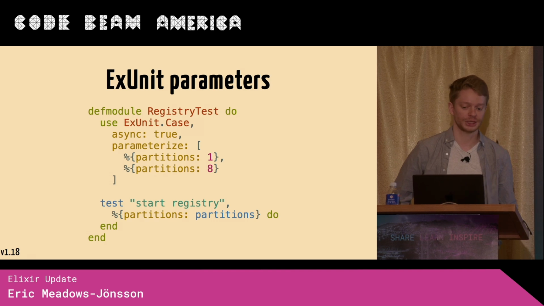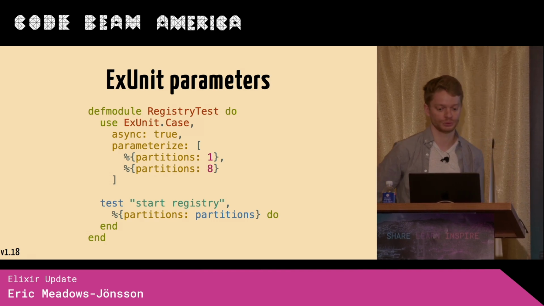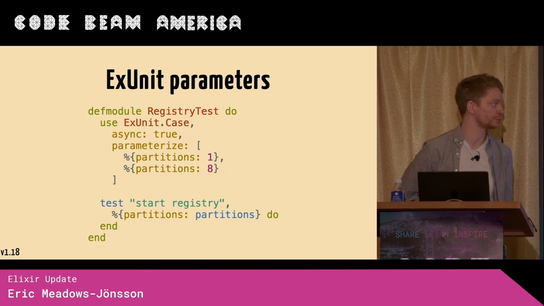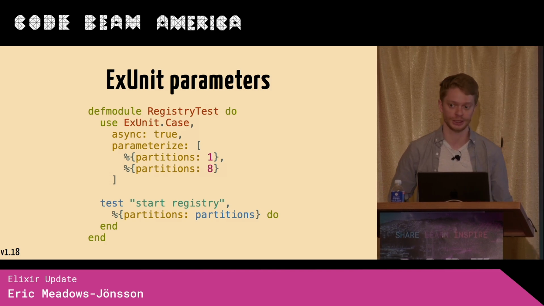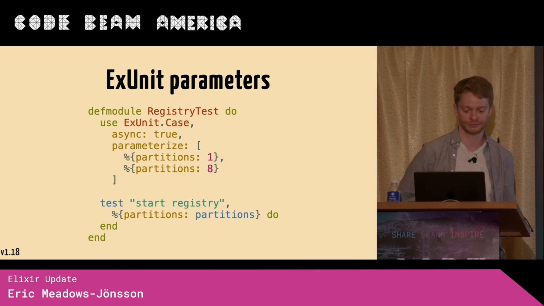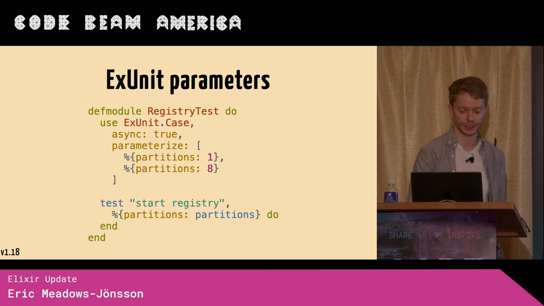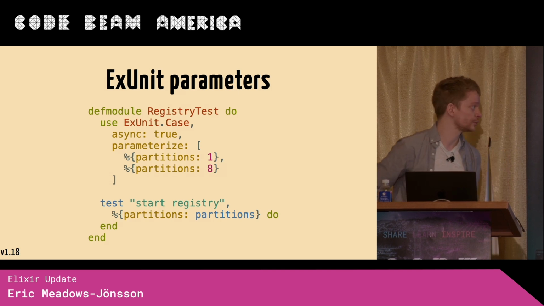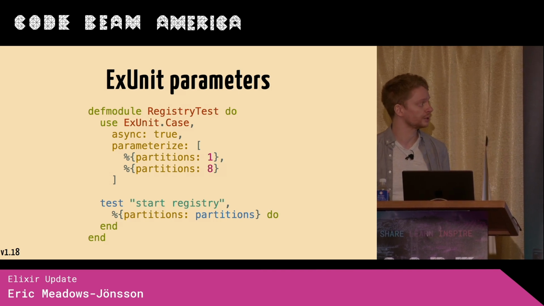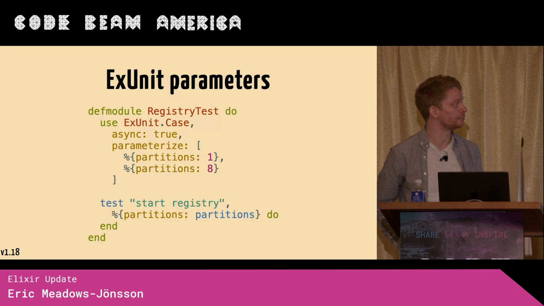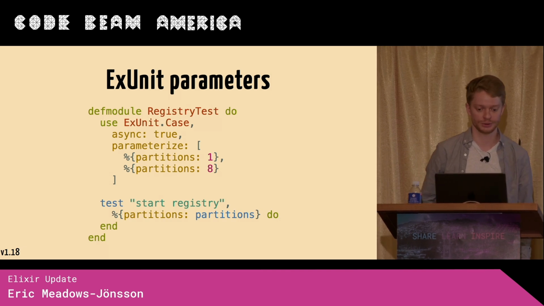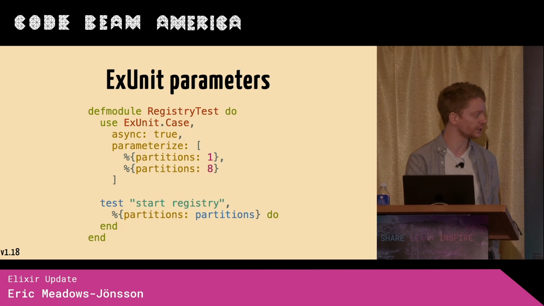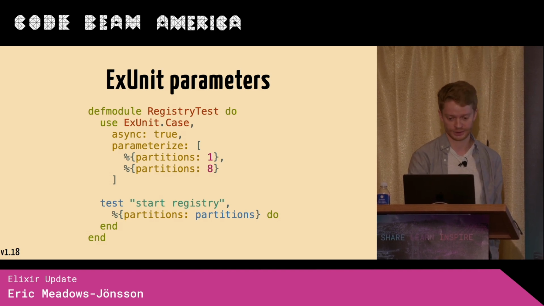And the registry can be partitioned to improve performance. And the implementation of the registry works differently depending if you are using partitioning or not. So we want to test those two different modes. So we can use parameterize to do that, and still only write the test once.